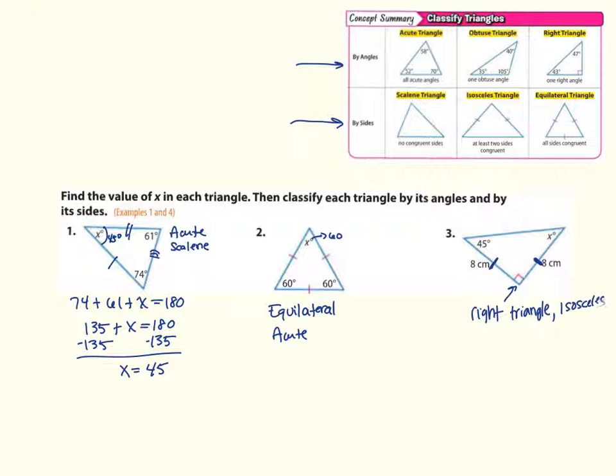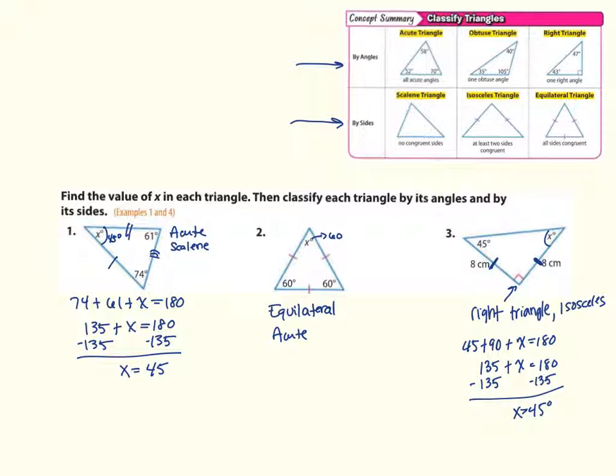And now let's go ahead and find the value of x. So we've got 45 plus 90 plus x is 180. Simplify the 45 and 90, that's 135. And I already know from doing number 1 that 180 minus 135 is 45 degrees.